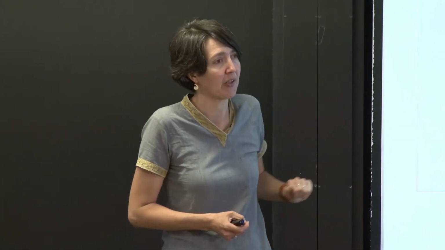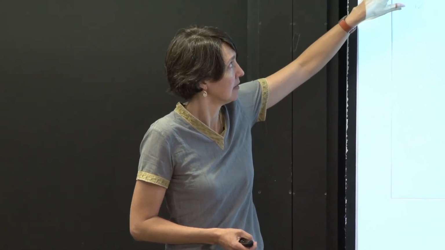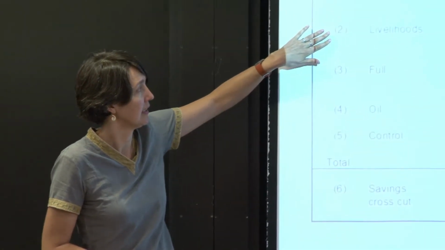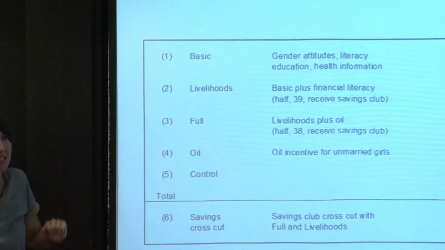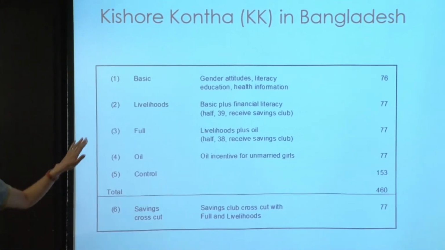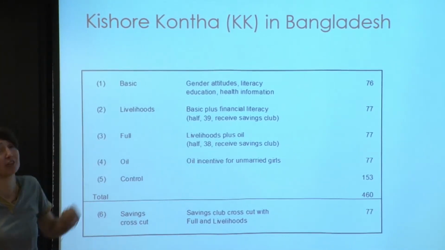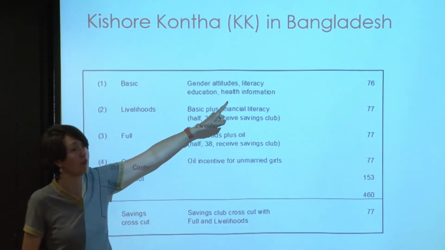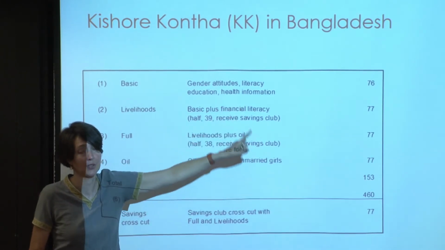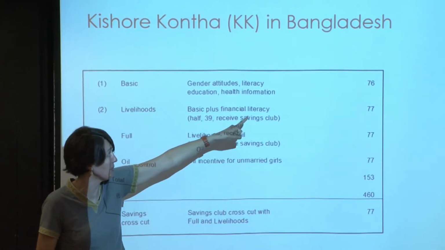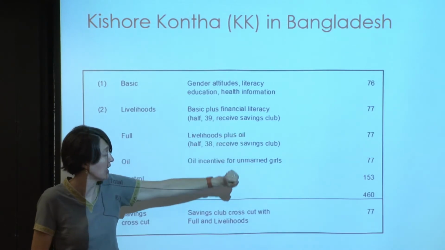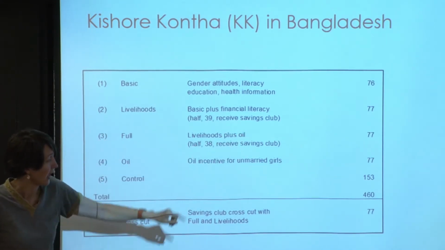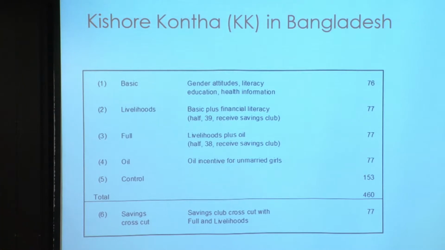And the full group are the group that gets this basic training, financial literacy, and the financial incentive. So this is kind of the throw-everything-at-it group. And then we have a control group. And these are the number of communities that were randomized. So 76 communities get this, 77 get financial literacy, and we end up with 460 communities overall.